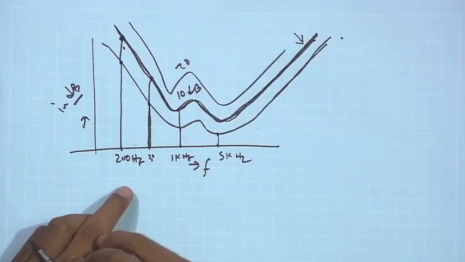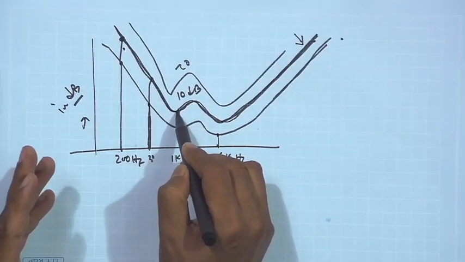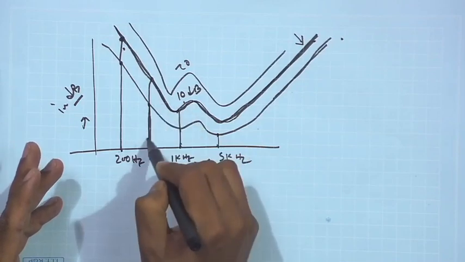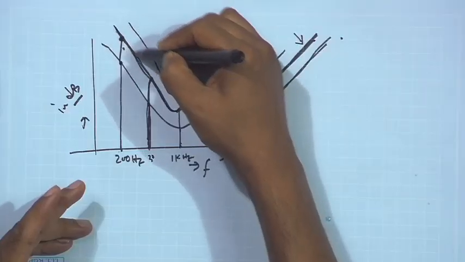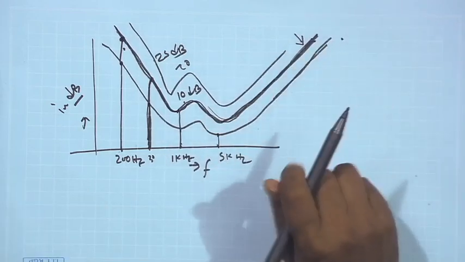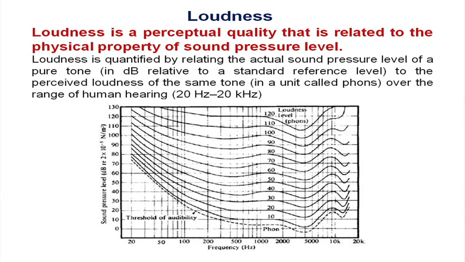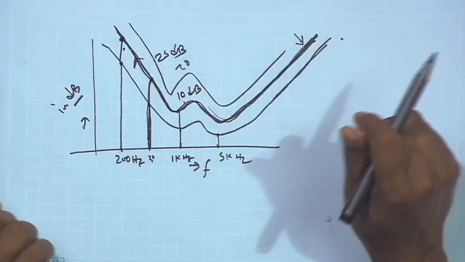The intensity is different, for 1 kilohertz it is 10 dB, maybe here the intensity is 25 dB, but the perception of the sound is the same. Loudness is a perceptual quantity related to the physical property, pressure level or intensity of sound, but it is not directly intensity. So, this curve is called the phon curve or equal loudness curve.